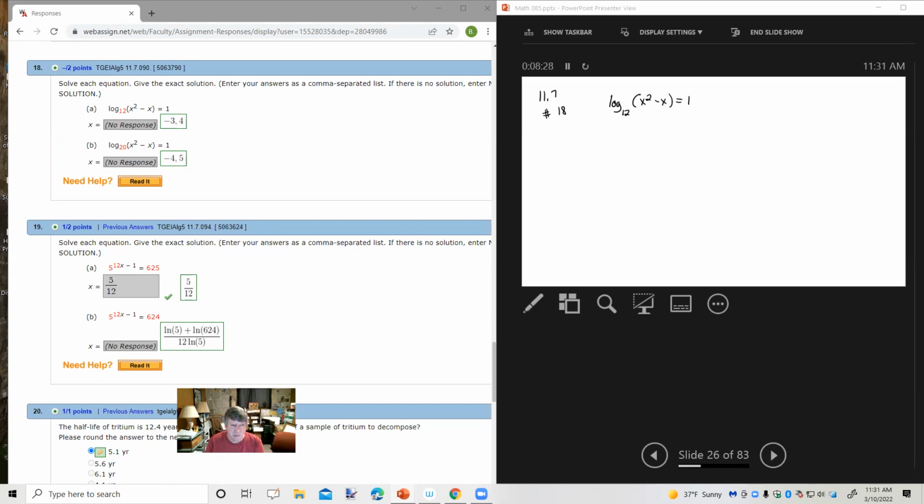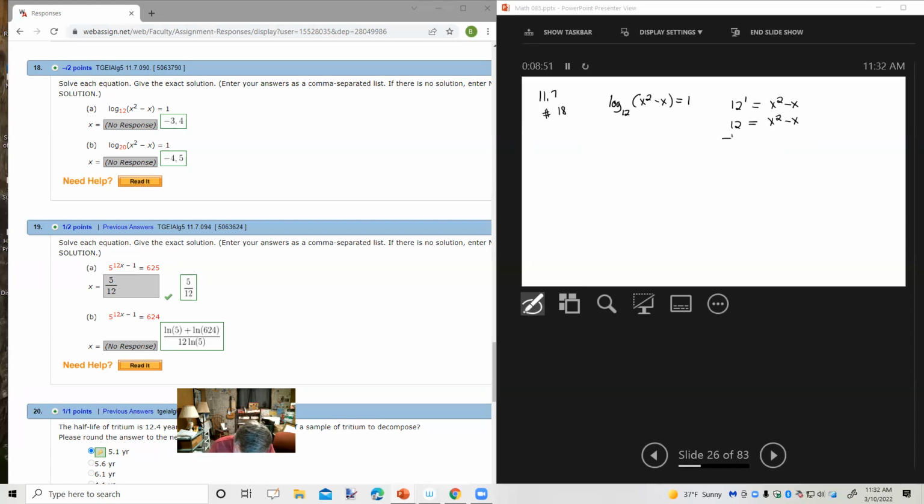So this is a logarithmic equation. To solve it, we're going to change it into an exponential equation. So it would become 12 to the 1 power equals x squared minus x. 12 to the 1 power is just 12. So we get 12 equals x squared minus x.